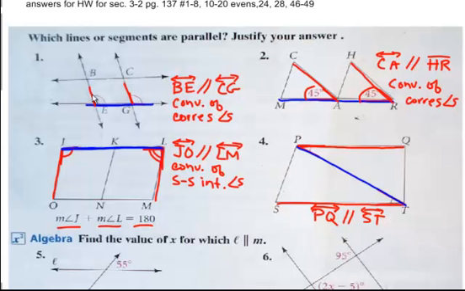These are called alternate interior angles. So it's converse of alternate interior angle theorem. Alright, that takes care of numbers 1, 2, 3, and 4.